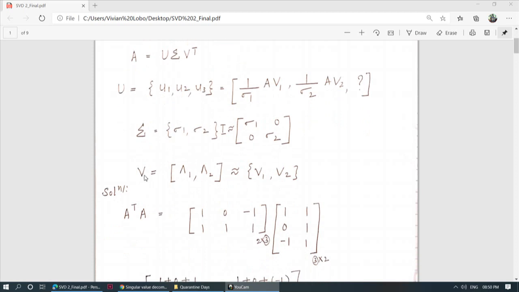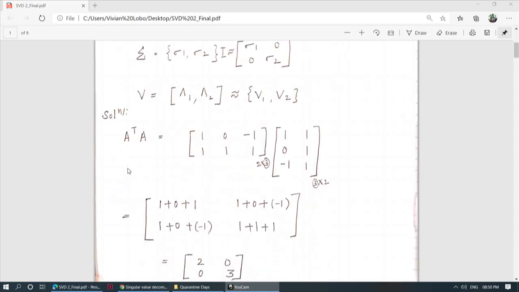The summation calculation remains the same, with singular values 1, 2, and here there should be 3 also. So this should be singular values 1, 2 and 3 multiplied with I, where I is the identity matrix, and it will be a 3 cross 3 matrix. And V will be V1, V2, and let us see how V3 can be obtained.